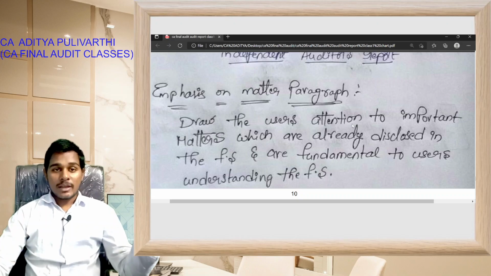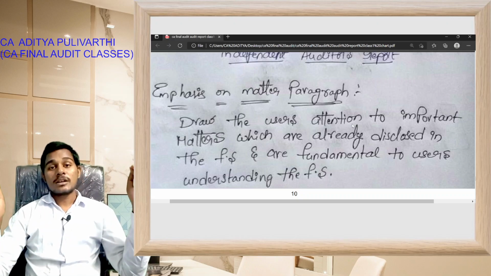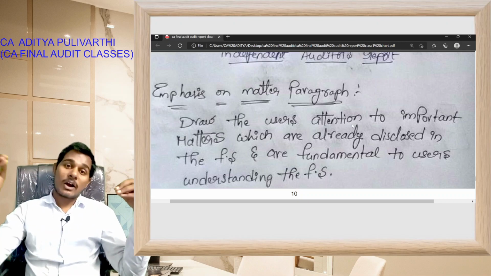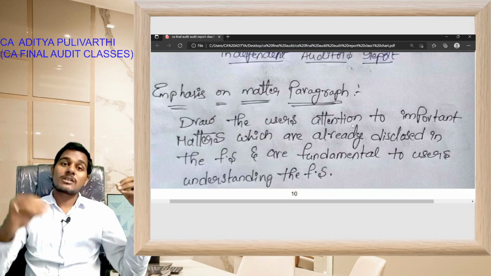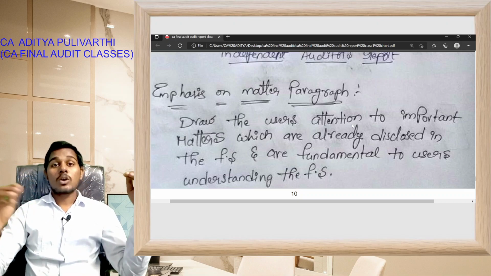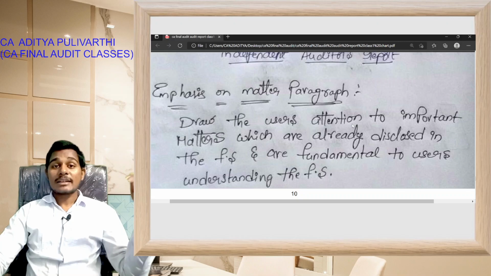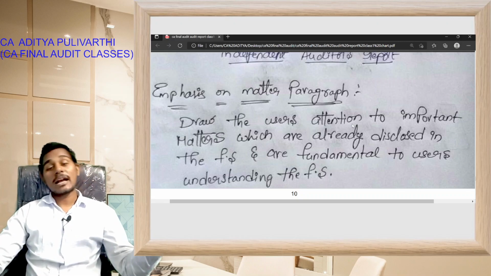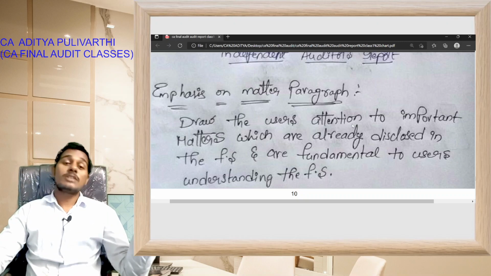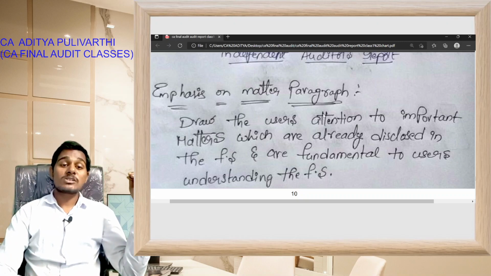These are important matters already disclosed by way of note, so to bring a better understanding, they are provided in the emphasis of matter paragraph.